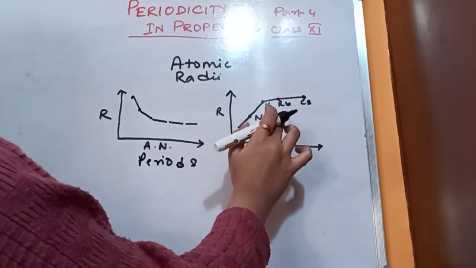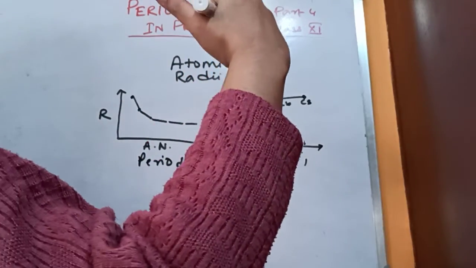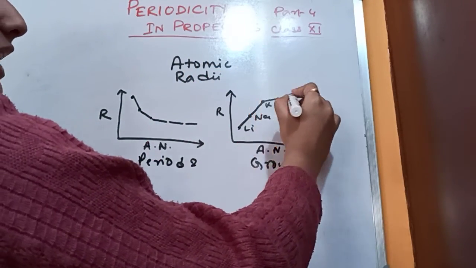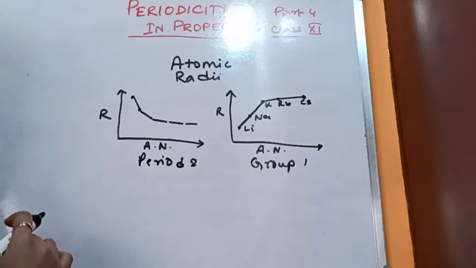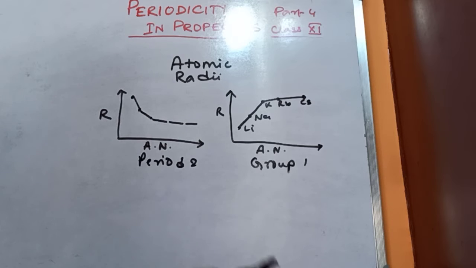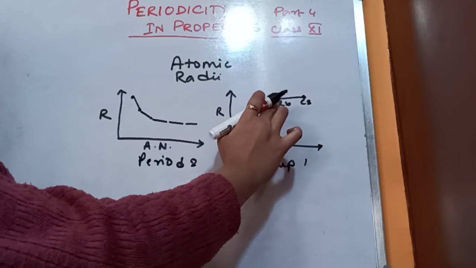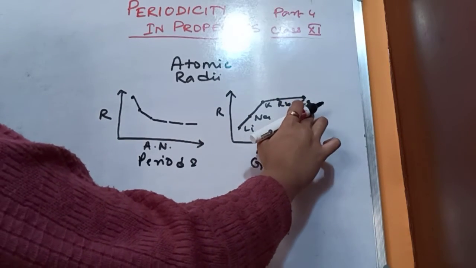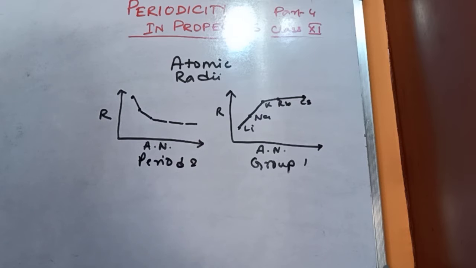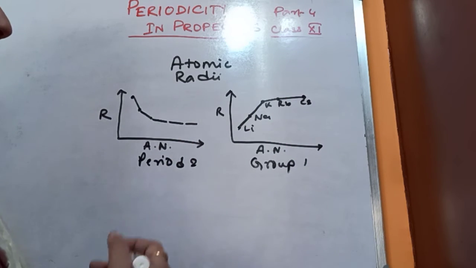But look at the plot. Till potassium there is a steep increase, and after that there is a gradual increase. This is because till potassium there are no D and F block elements. But on moving from potassium to cesium, in between come D block as well as F block elements.